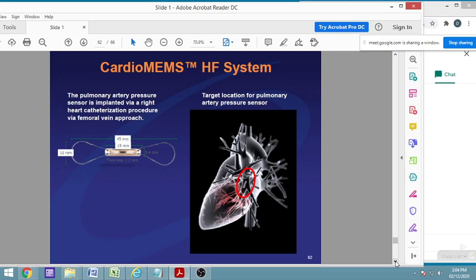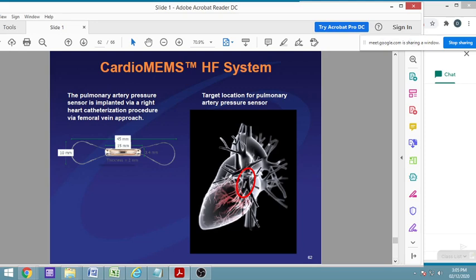Then what I told you, the CardioMEMS system is there. Some device is put into the pulmonary artery, and this pulmonary artery pressure sensor is implanted via a right heart catheterization procedure through the femoral one, and then it will be fitted like this.